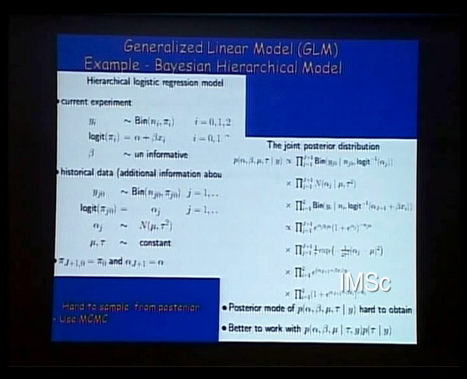This mu and tau can be constant, or in the full Bayesian, you can go all the way down. You can say mu is normally distributed with some other parameter and variance, and so on and so forth. So you can expand to as much information as you have or that you want.